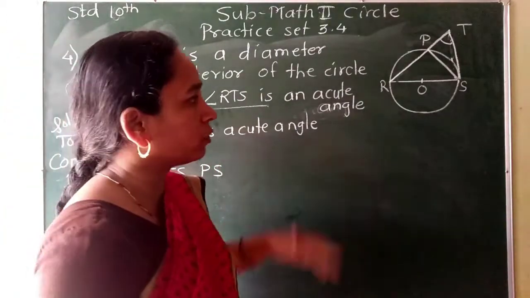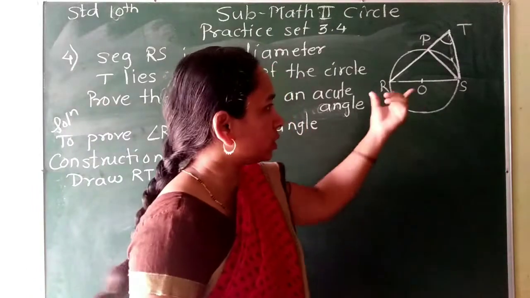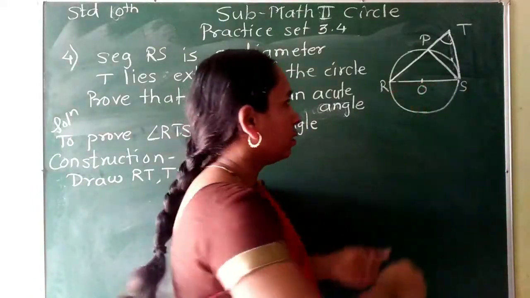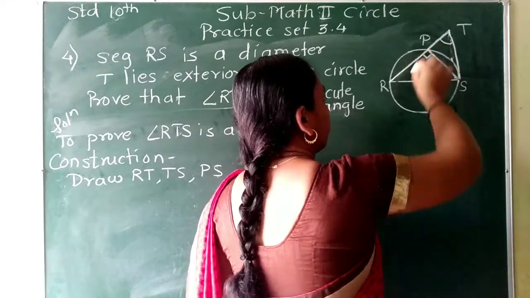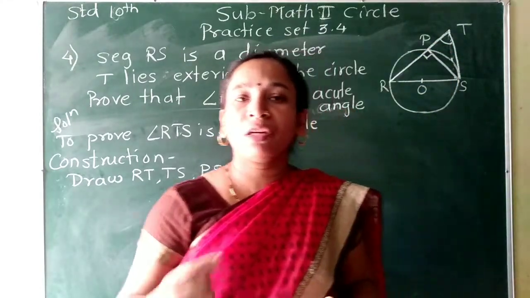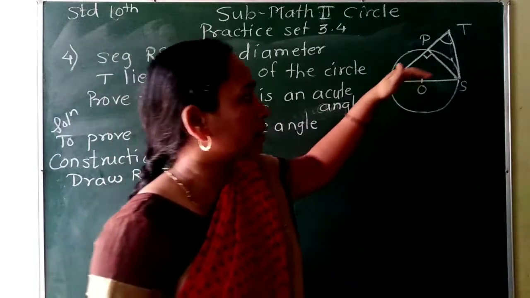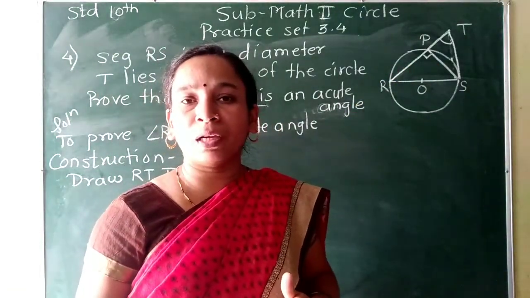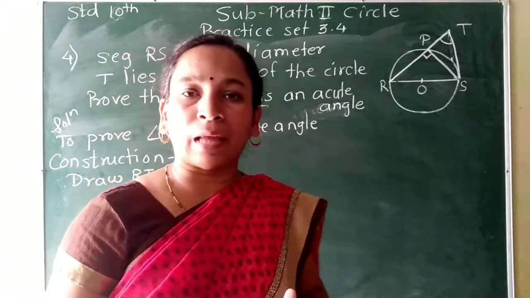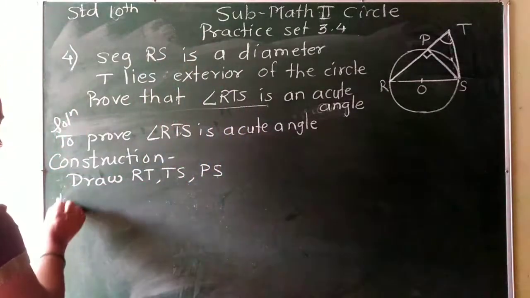Now, if you observe here, students, this is the diameter, and this angle which is formed is 90 degrees. Why is it 90 degrees? Because we know one more property: the angle inscribed in a semicircle would be 90 degrees.